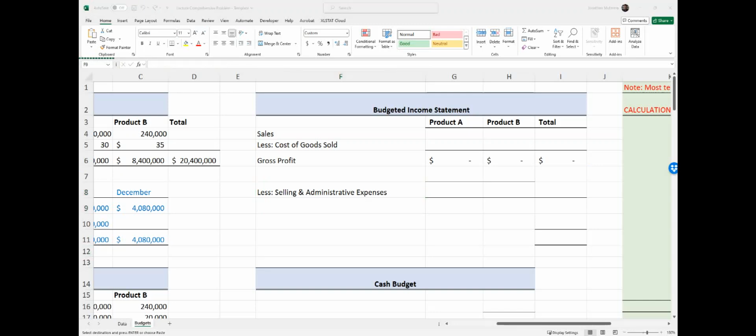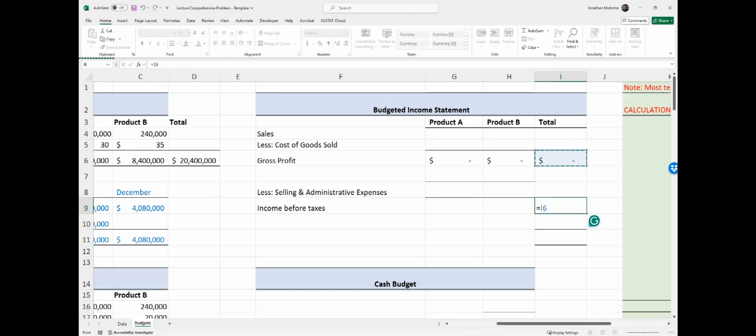And then if we have any income taxes, which we do, we're going to subtract our income taxes. So that will be income before taxes. So let me just do this right here and say our gross profit minus our selling expenses will give us that.